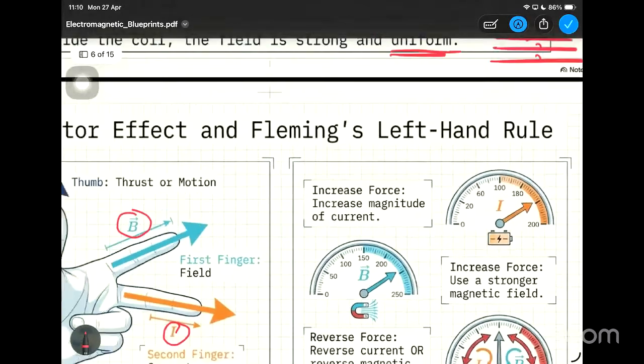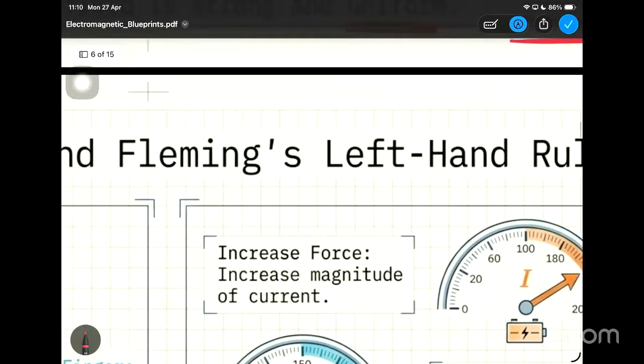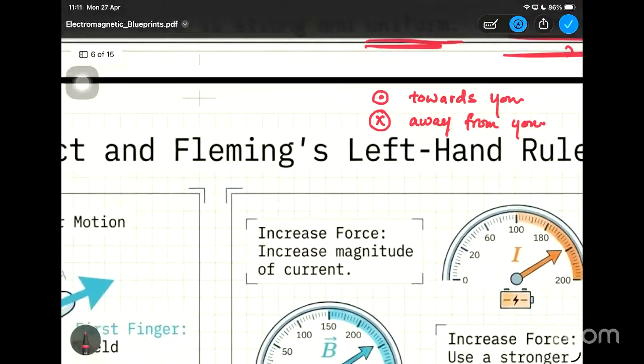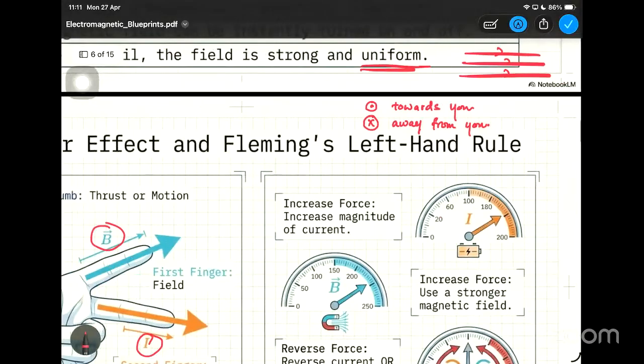And also another thing, when it comes to field lines, remember if it is mentioned like this, then it is coming towards you, right? Something like an arrow coming towards you. And if it is mentioned like this across, then it is going away from you, into the plane, right?